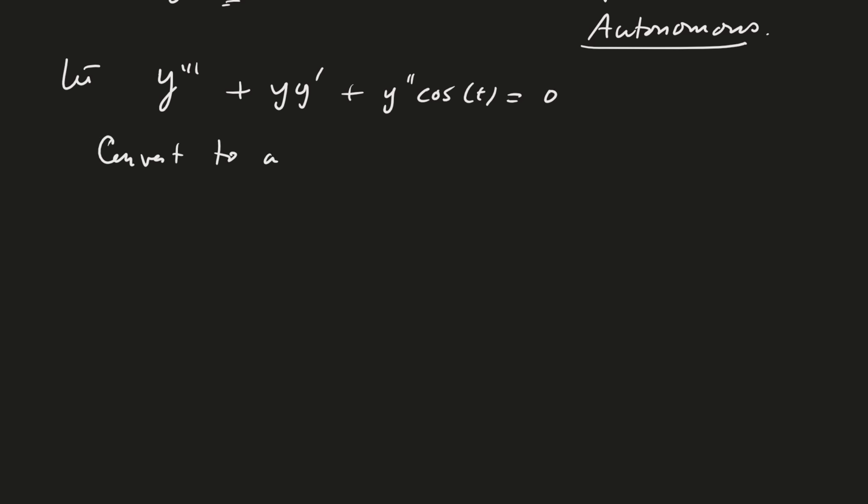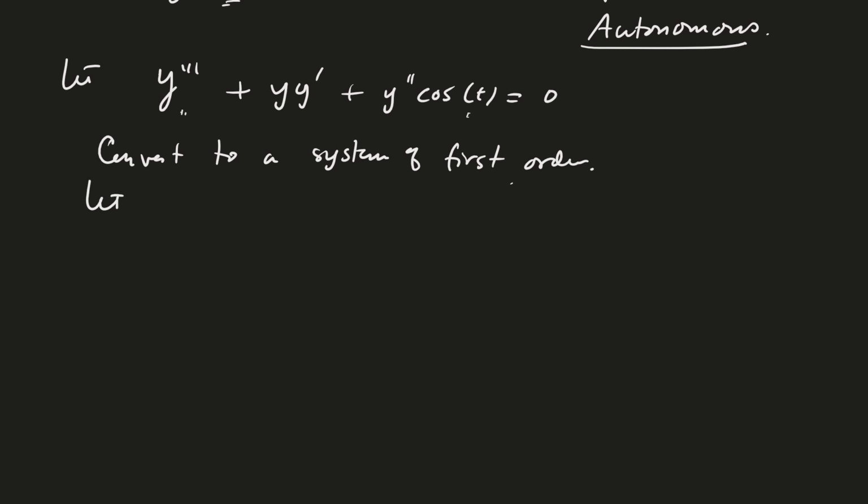Convert to a system of first order. And so notice that this has a third derivative, and so we will have to use an extra variable for that. Now we didn't say autonomous, otherwise I'd have actually 4 variables. Oh, let's go ahead and make it autonomous just for fun.